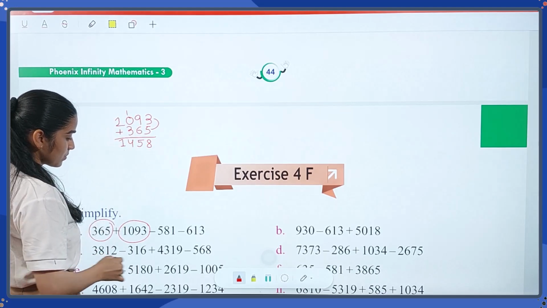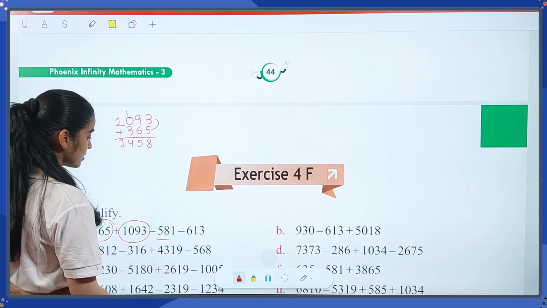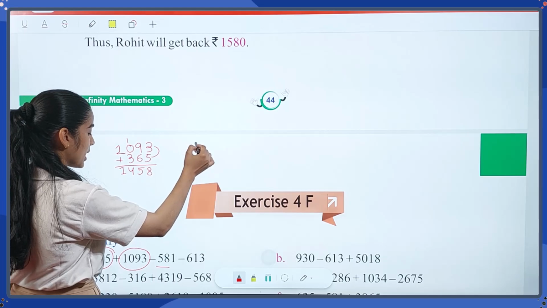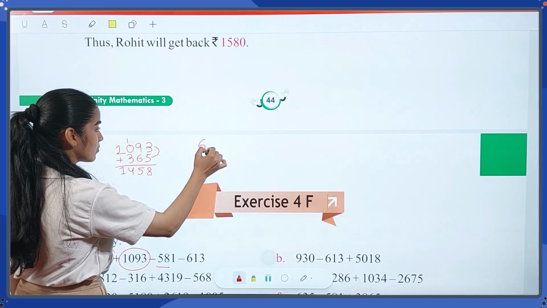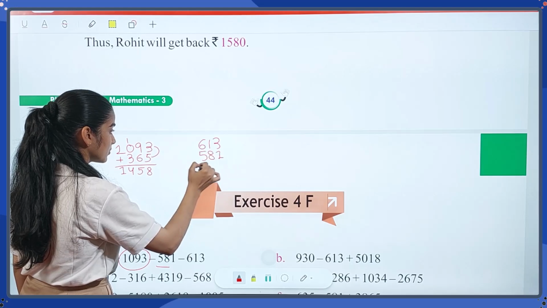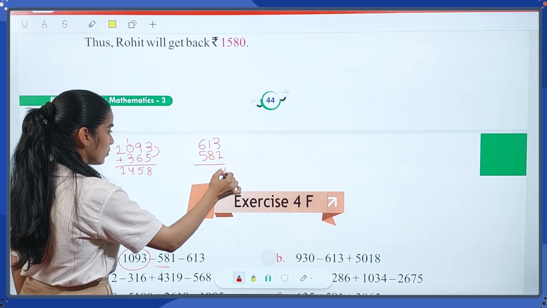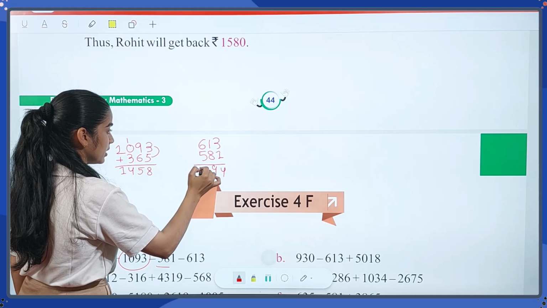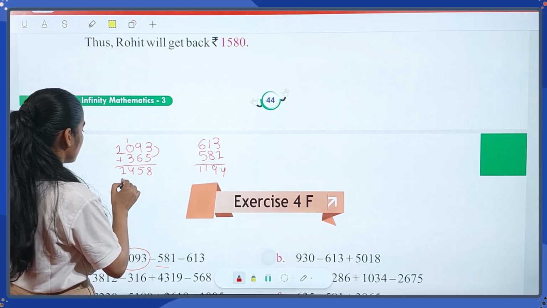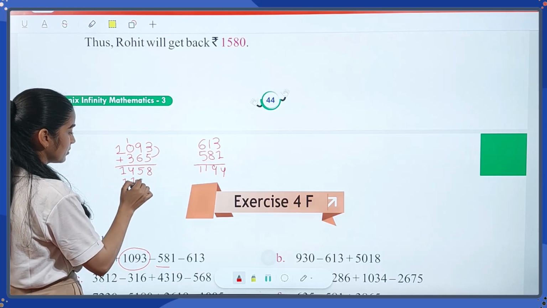Now we have to subtract 581 and 613. So first we have to add these numbers together. 4, 9 and 11.